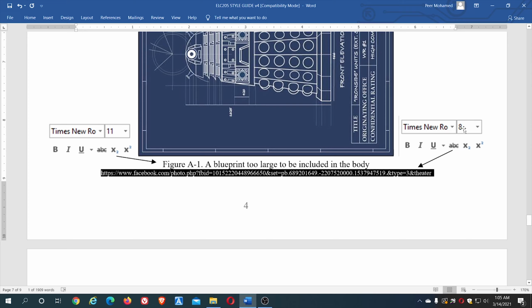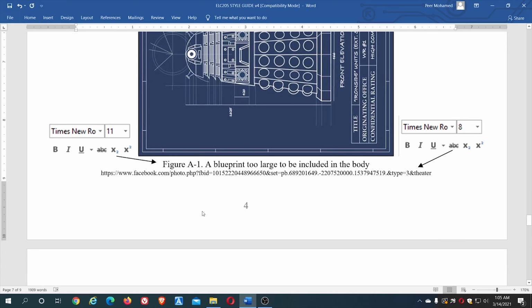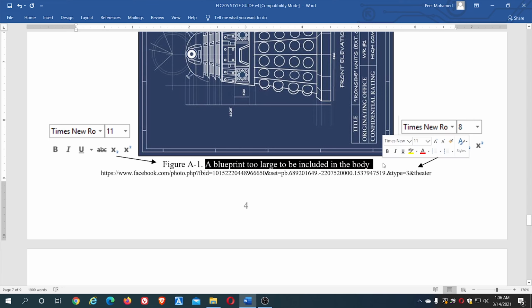The font size will be 8, so that it's easy to handle, otherwise it will run long. And the figure means the picture, this is picture A1 for appendix, the first picture in the appendix. So you give a caption to the picture. It will be Times New Roman font, and the font size will be 11.